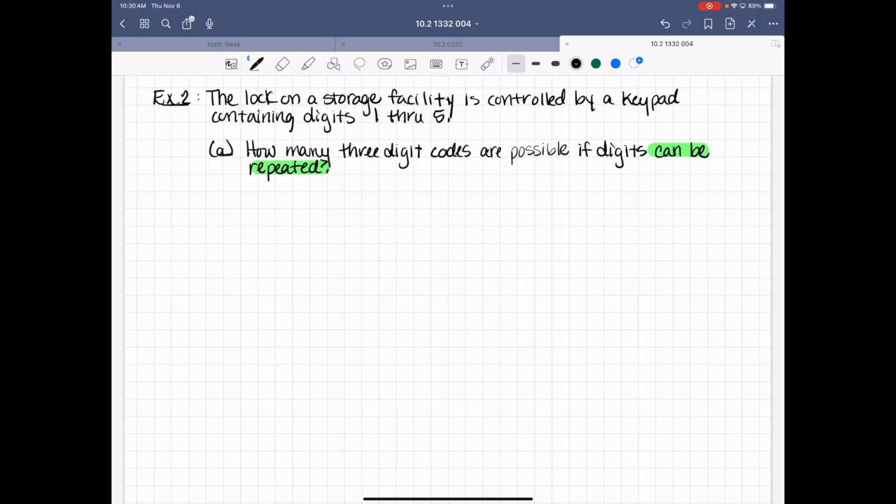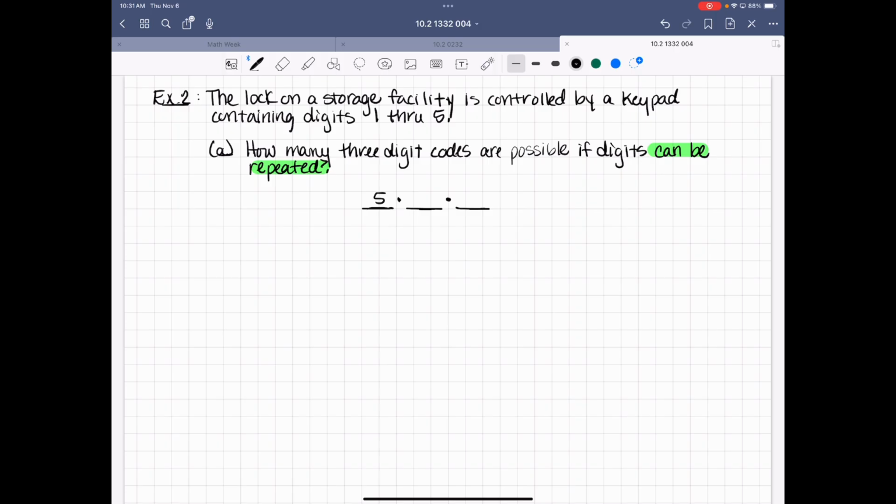We've got this storage lock, and I know I've got to put a number in the first slot, a number in the second slot, and a number in the third slot. How many different possibilities do I have in that first slot? 5, because I can use a 1, a 2, a 3, a 4, or a 5. Now it says I can repeat. So it doesn't matter what I pick for the first one, how many do I have available for that second slot?